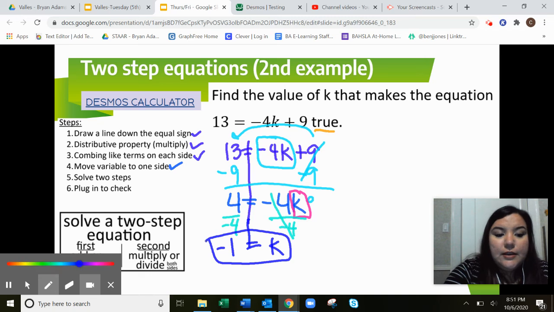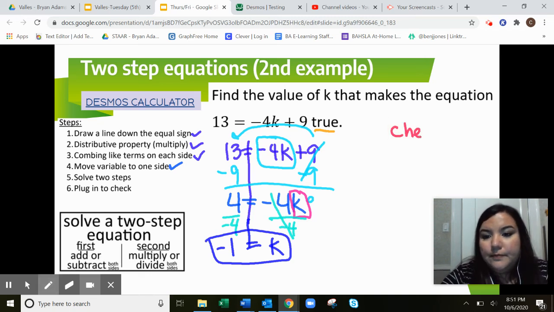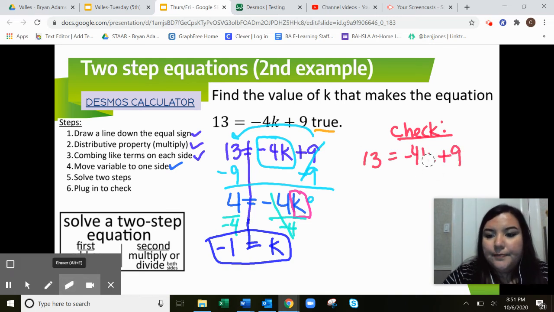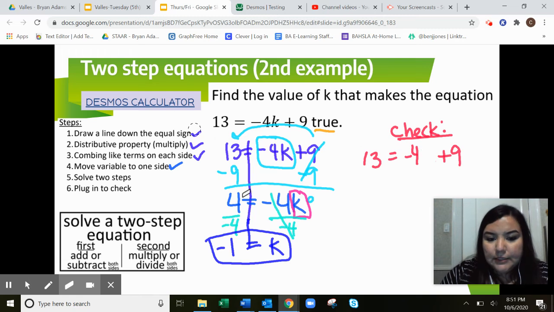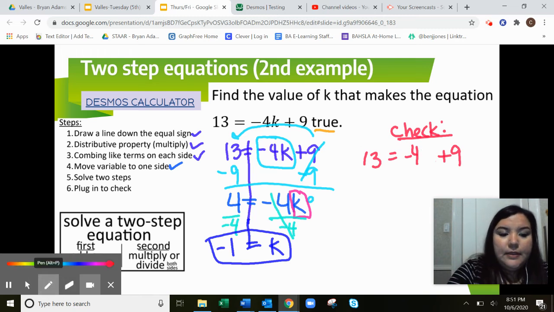Now to do the check portion, I'm going to do check right here. I'm going to rewrite the original equation. And I'm going to change the color of k. I'm going to put it to this blue because that's what my k ended up being.